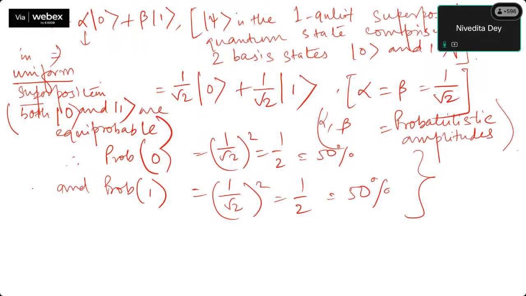Now, this is the uniform superposition. Does it always mean that they have to be only 1 by root 2, 1 by root 2? Not at all. Say, for example, let me give you a numerical example.